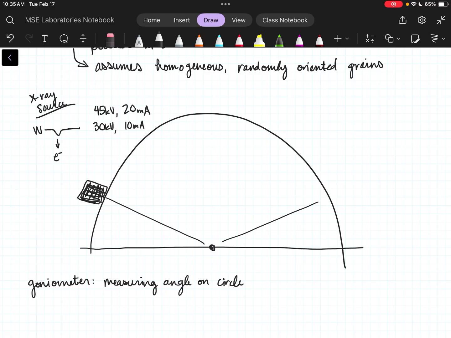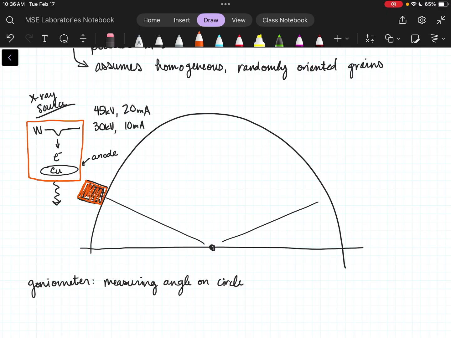And by putting that voltage and that current through, we get an electron that comes off of that tungsten. It smacks into a copper, what we call an anode. And that copper anode is going to put out an X-ray.